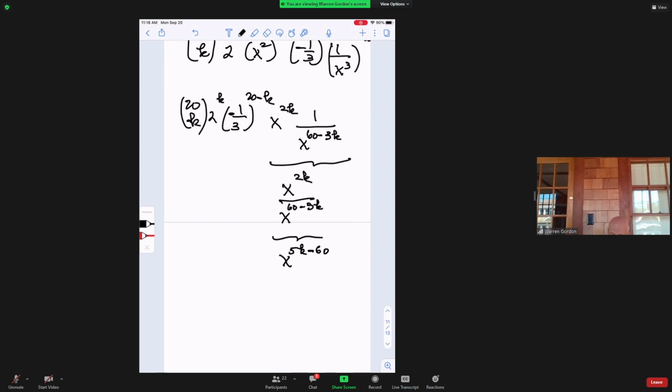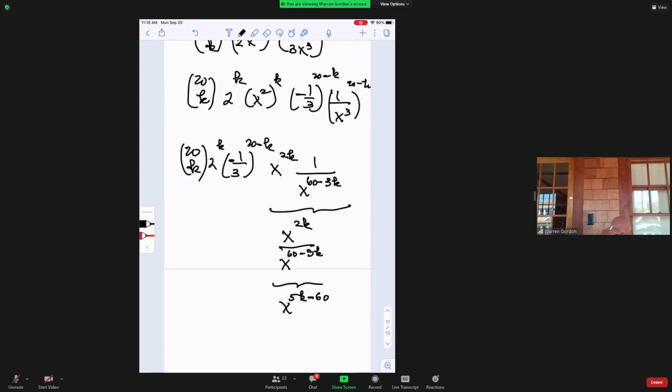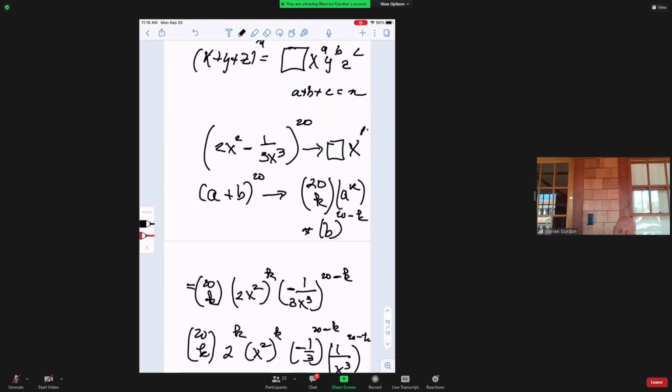Okay. And now let's suppose I go back to my original problem so I can figure this out. And suppose my question here was, find the coefficient of x to the 15th power. Okay?